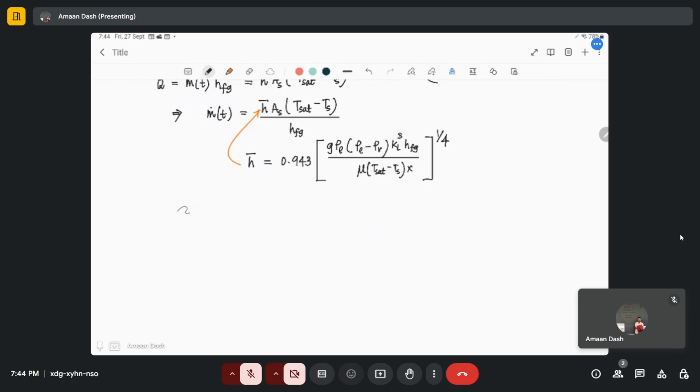So let me write m dot. This is equal to how much? Instead of h, we can write this particular expression.